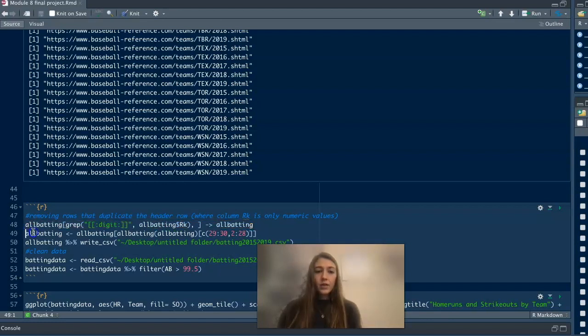To clean the data a bit more, we rearranged the team and season columns that were attached at the end of the table, and moved them to the front to be able to work with the table better.